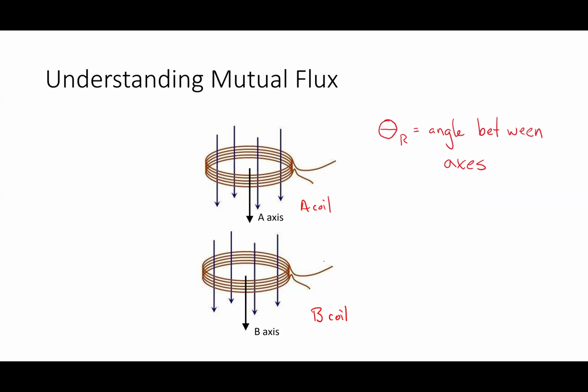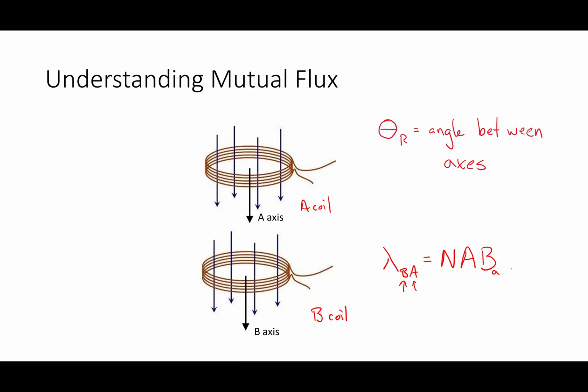I'm putting the same current into both so that their fields point in the same direction. If I'm talking about lambda BA, the flux linking coil B from coil A, I can think of it as the number of turns in coil B times the area of coil B times whatever the B field is from the other one.